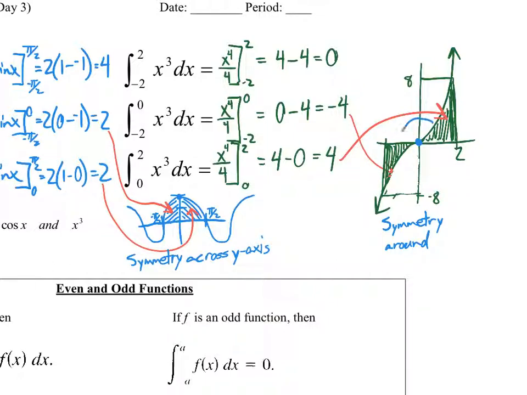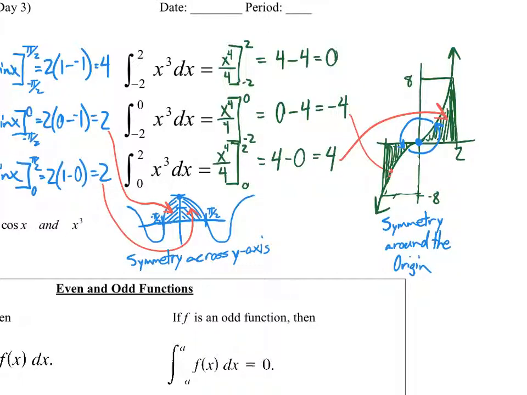Another way of thinking of it is you reflect it across the x-axis and the y-axis, and you get that rotation. So it's symmetry around the origin. Now, what's the name for that kind of a function?